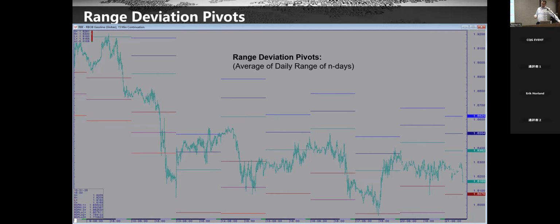And to that, we're adding some standard deviation. So 3 standard deviations, 1, 2, 3, and then 1, 2, 3. So what this does is it gives us more support and resistance levels to work with, which are a little bit more adaptive to the market, given the fact that we're looking at more data rather than just yesterday's information.